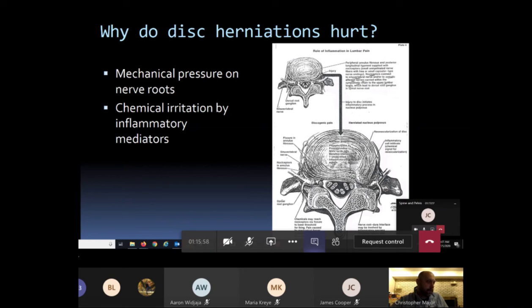Well, the problem is, if this is the patient's right side, there will be plenty of times in your practice career where you order the MRI, the patient's got radiculopathy on their right side, and it corresponds to the L4 nerve root or something like that, yet the disc herniation is on the other side. Okay, and so the disc herniation may be a complete red herring, meaning it's a flashy, attention-grabbing thing, but it doesn't actually have anything to do with your patient's symptoms.